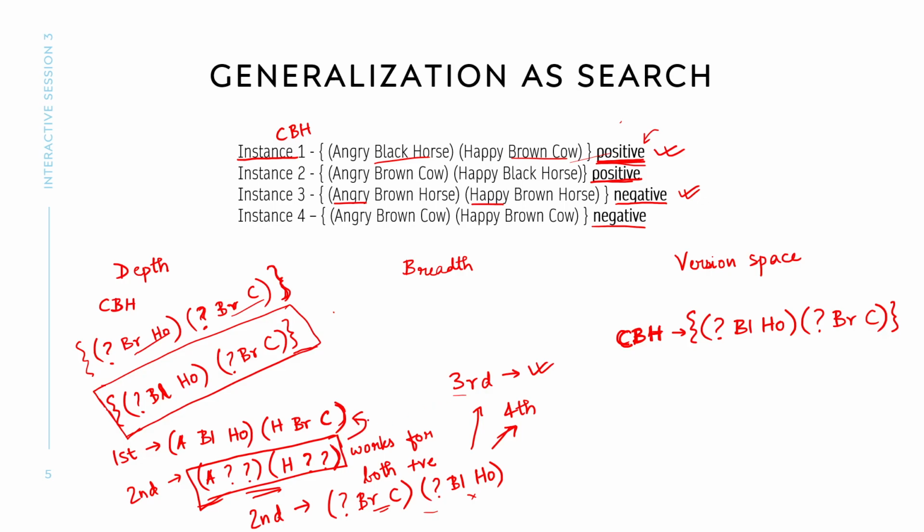It was classifying it as positive, so we have to make it more specific. The best way to do it is just go back to your more specific case and try to make that not as general as this, a little bit more general than the earlier one. So more specific than this, right? So that is how you kind of think of it.